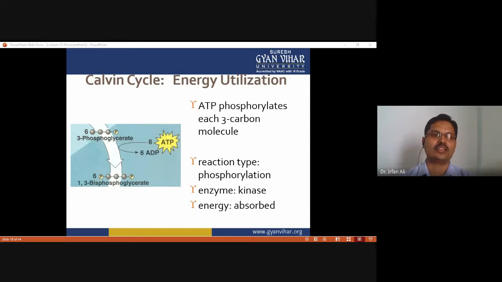The phosphate group comes from ATP hydrolysis, and whenever ATP hydrolysis takes place, the enzyme is a kinase. Energy is absorbed during the reaction.